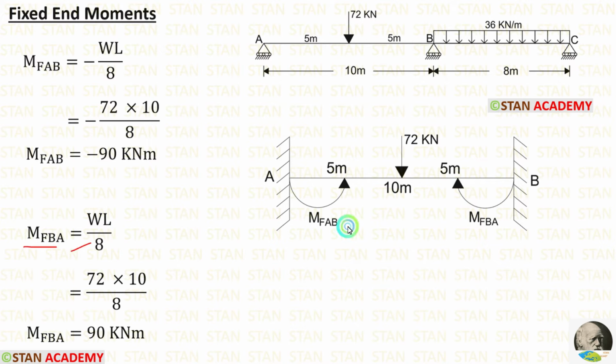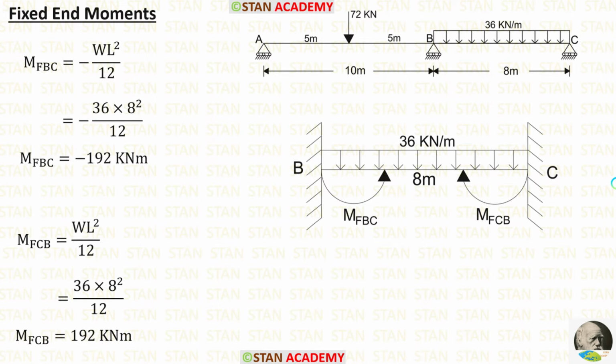M of BA is positive because it is acting in the clockwise direction. Let us apply the values in the formula. W is 72, L is 10. After applying, we are getting M of AB is equal to minus 90 kilonewton meter and M of BA is equal to 90 kilonewton meter.